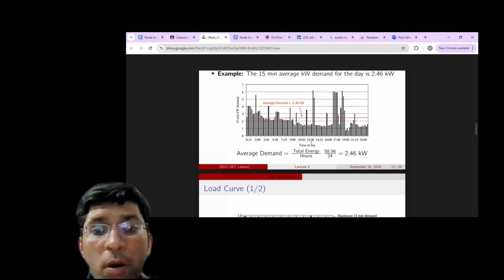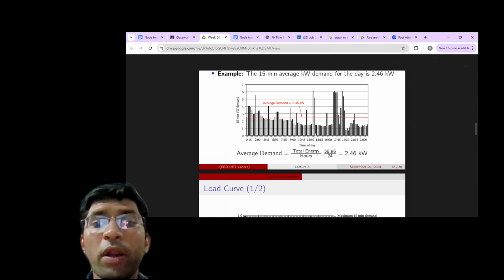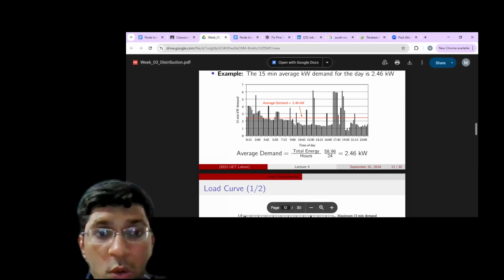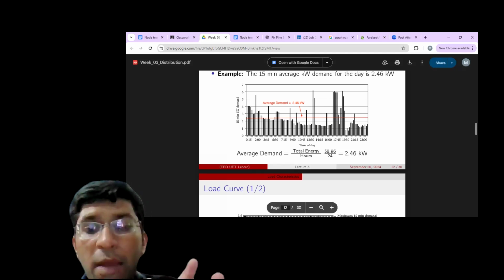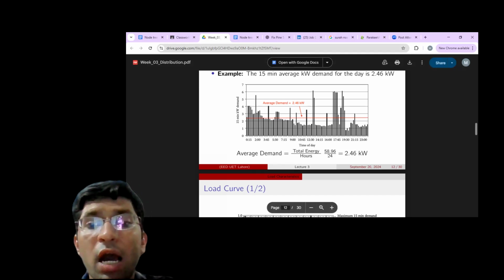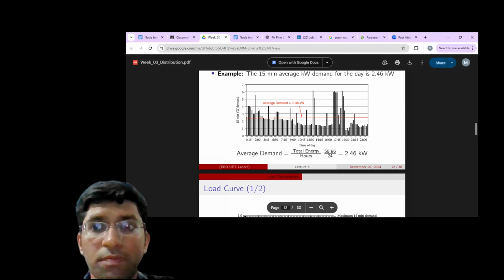So it will probably make 58.96. What you need to do is divide 58.96 over 24, and you get 2.46 kilowatt. So just calculate how we got 2.46. It's quite simple. What I mean to say is how we are calculating the values.